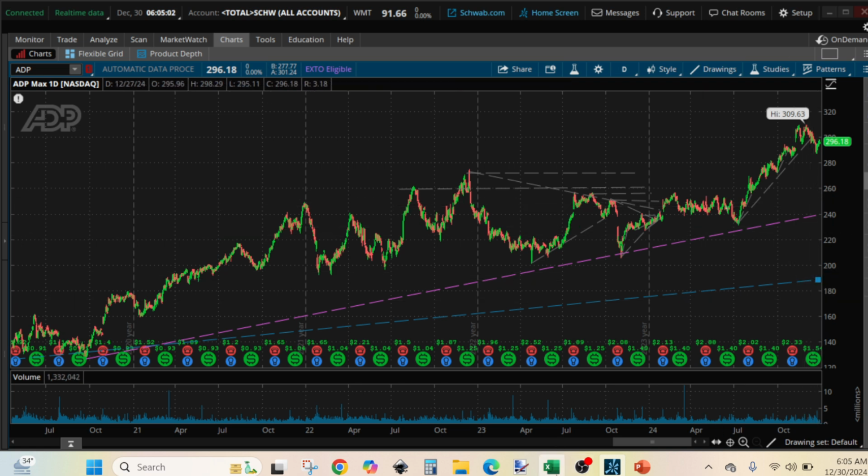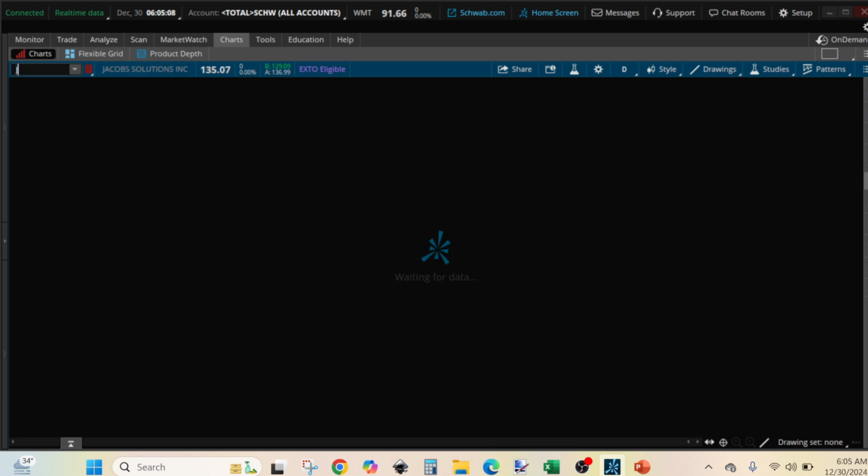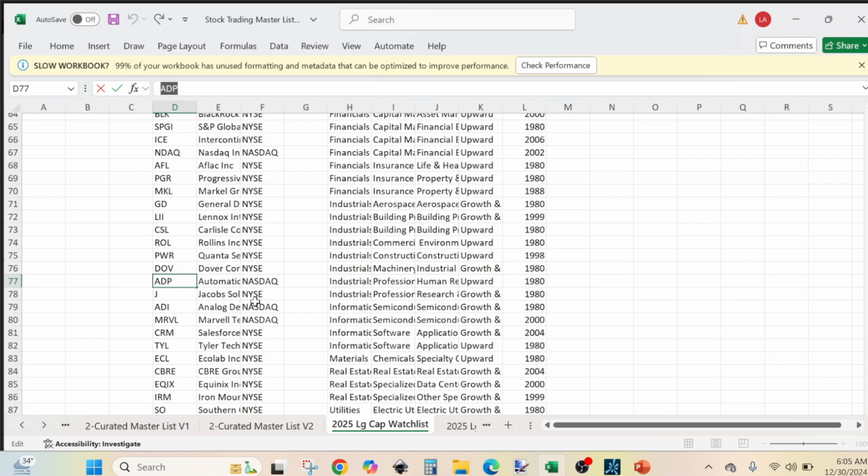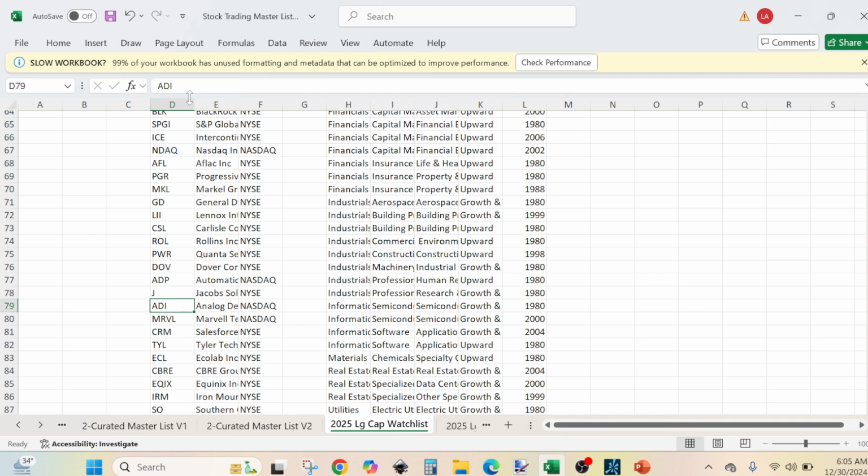This is nowhere near the entry line yet. J. Nowhere near our trend line yet. ADI.